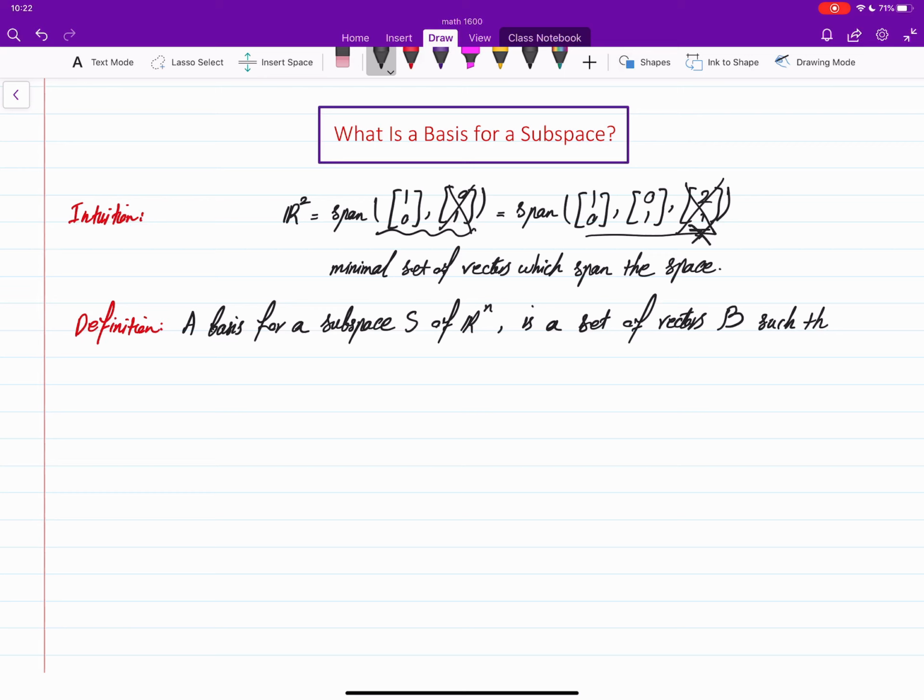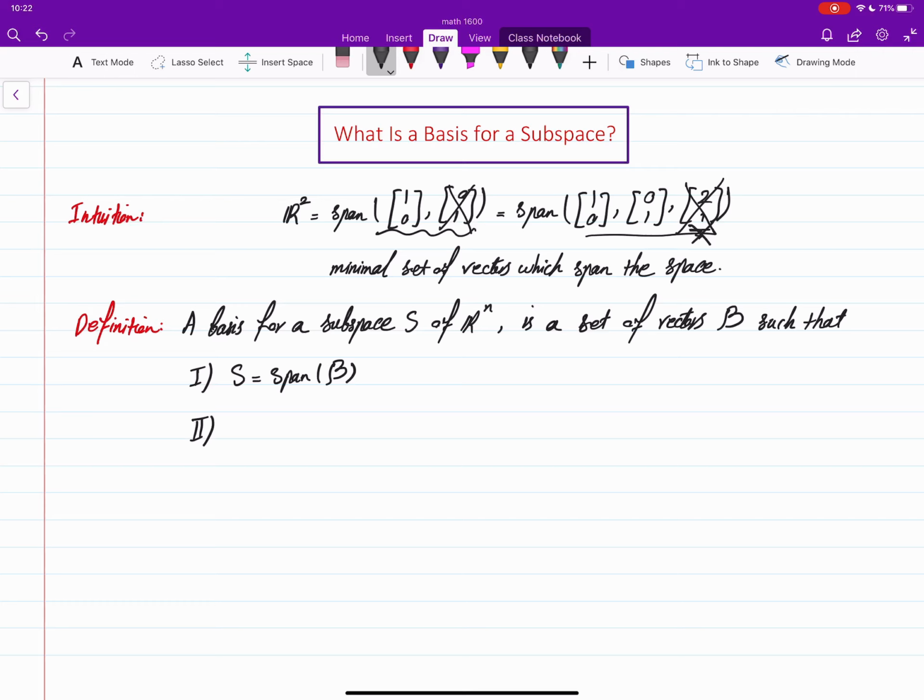First, it spans the whole S. So S is, in other words, the span of the vectors of B. The second thing is that we want it to be minimal, meaning that we won't be able to take out any of these vectors and still have S as the spanning set.